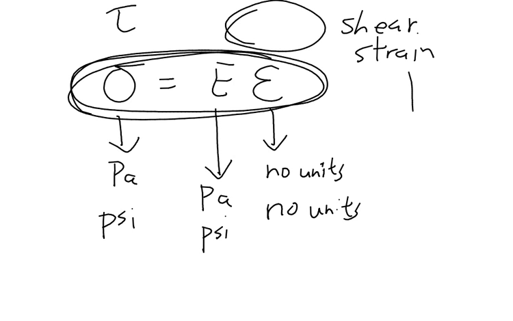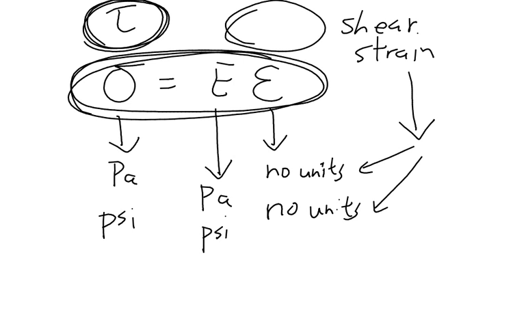So we want our shear strain to also have no units. So how do we do that? We said when we apply a shear stress, right angles get deformed, or right angles no longer stay as right angles. They become acute or obtuse. So how do I define a change in angle that has no units?